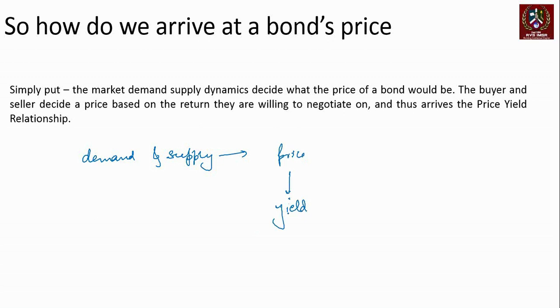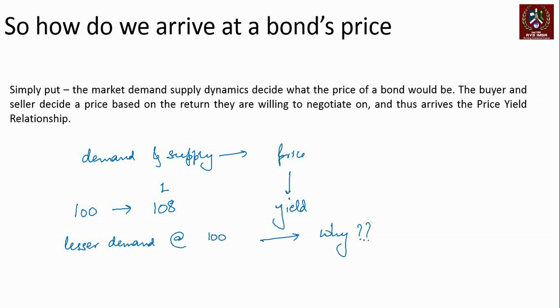In other words, think about it this way. Why is there lesser demand? Let's say a bond comes at 100 and says we're going to pay 108 at the end of year one, right? And there is lesser demand at 100. We need to question, why is it so? Why is the demand low? Why are people not buying it at 100?